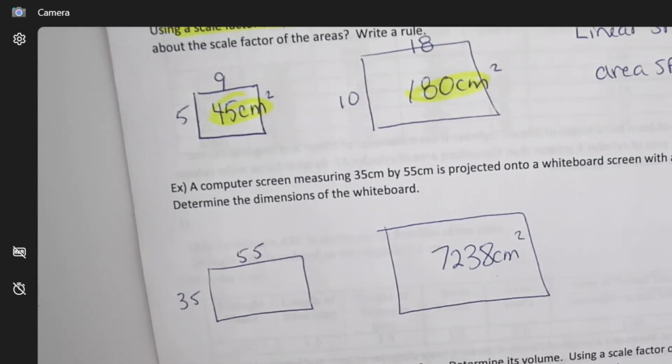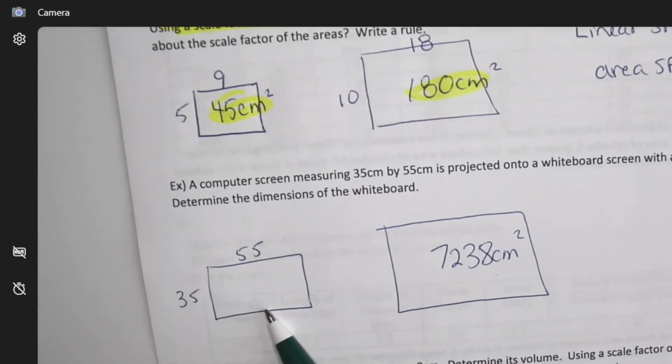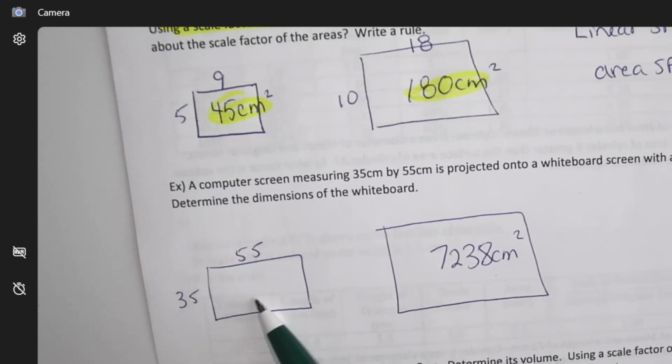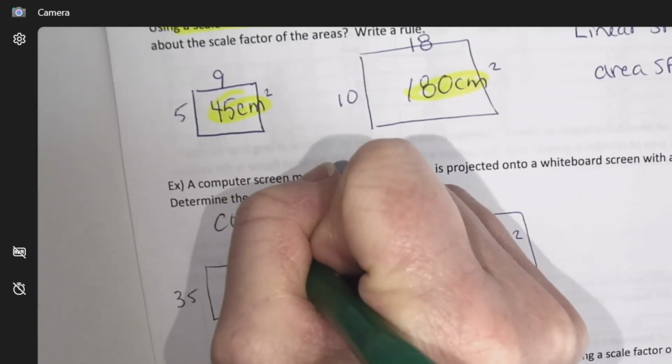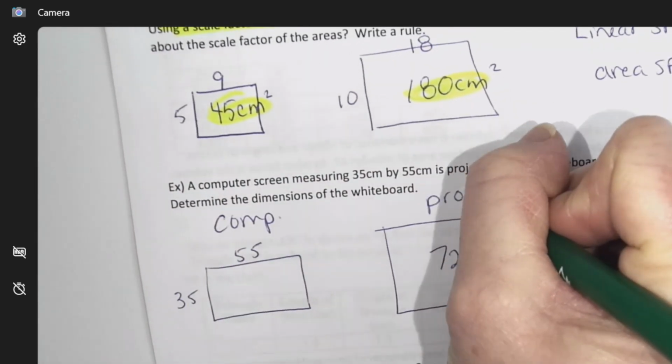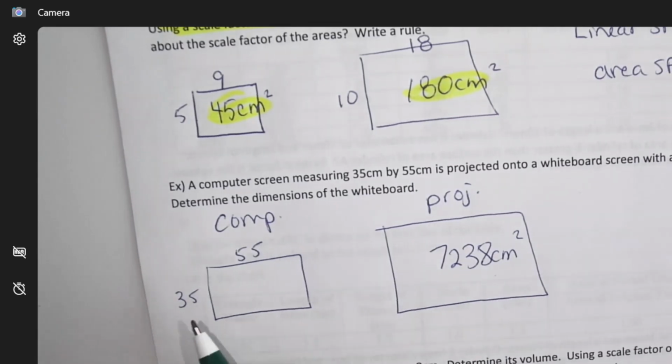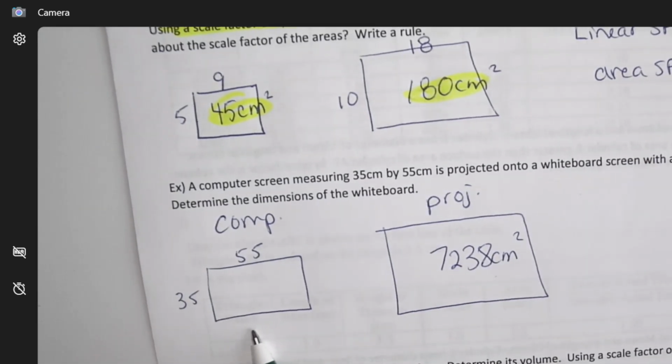Okay, so here's what I want you to do on this question. Get me the area of my computer. What's my computer screen area? So this is the computer and this is the projector. Can you get me the area of my computer screen? So give me a length times a width.